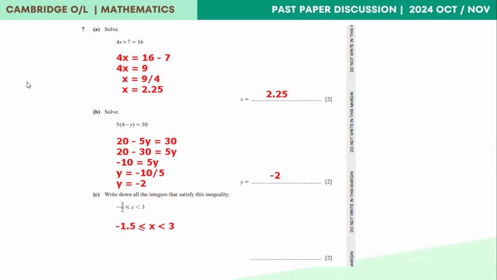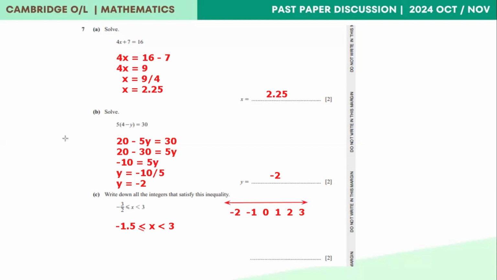So for this, if it looks confusing at first glance, you can draw the number line. So -2, -1, 0, 1, 2, 3. This is how a number line would look.